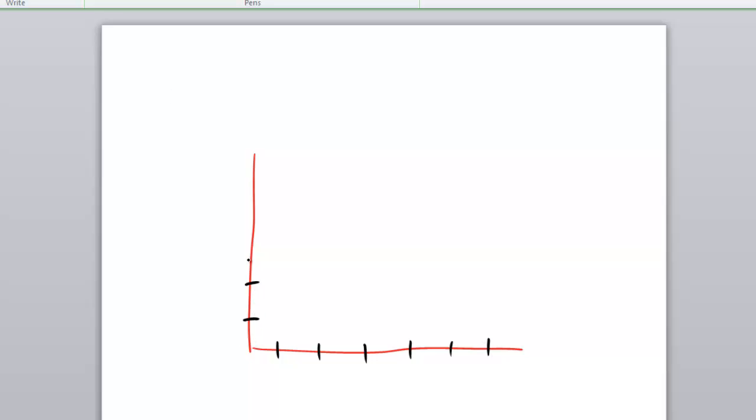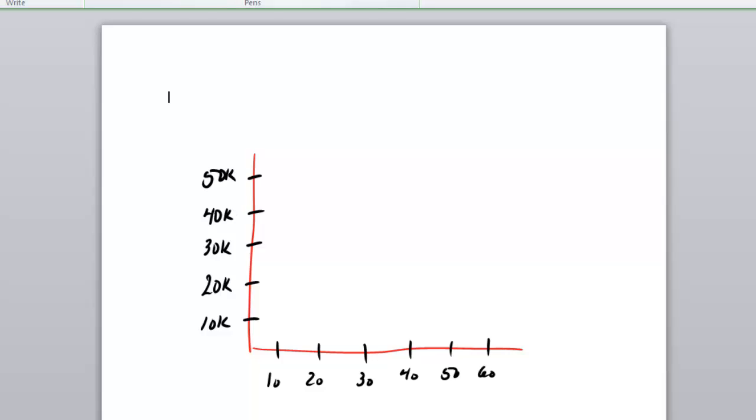And the same thing on this axis. And so for the bottom axis, we've got maybe 10, 20, 30, 40, 50, and 60. On the top axis, however, I want to get to 45,000, so maybe I need to do this in 10,000 increments.